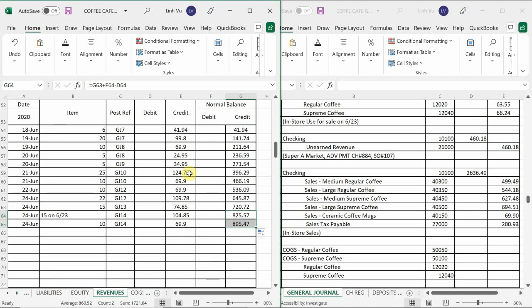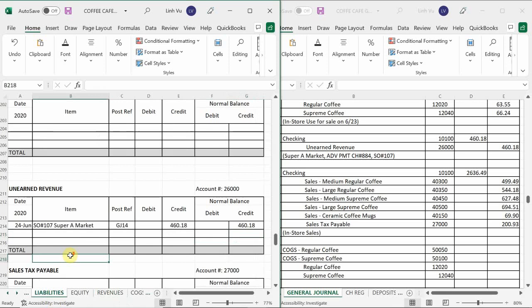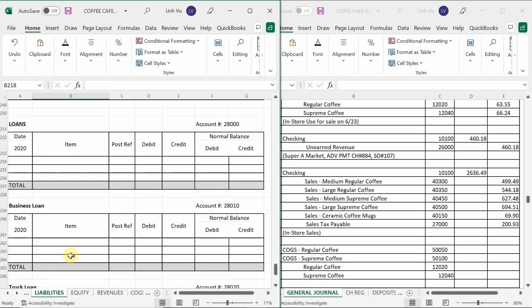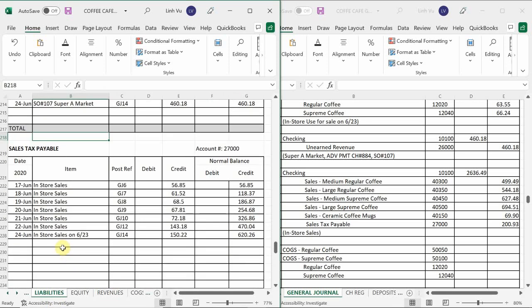And then last but not least, let's go ahead and do the sales tax and then go on a break real quick and then come back and complete the cost of goods sold later on. So let's see. We got the sales tax here. In-store sales. For the 14th. And we've collected $2.93.